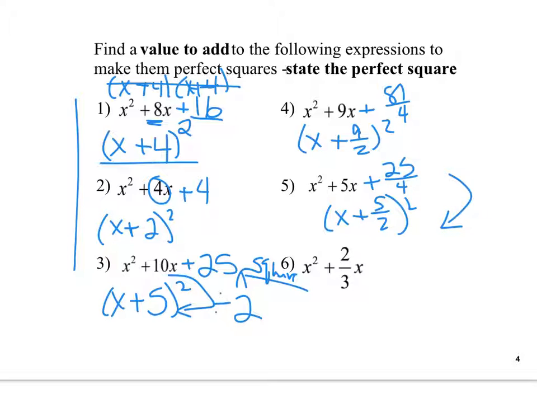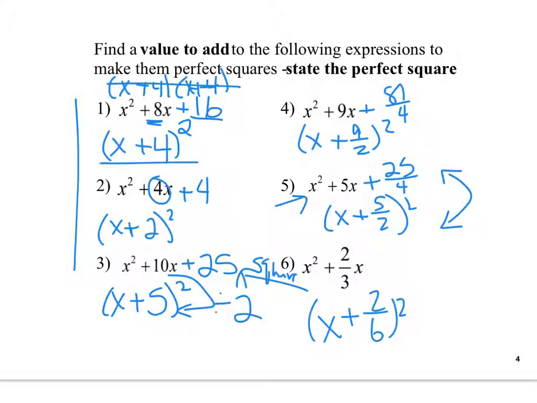This is why I like to do the 2 steps at once, because I don't have to worry about trying to factor this guy who looks super nasty. But that's just me. So this one, if I divide this by 2, I get 2 over 6, or 1/3.